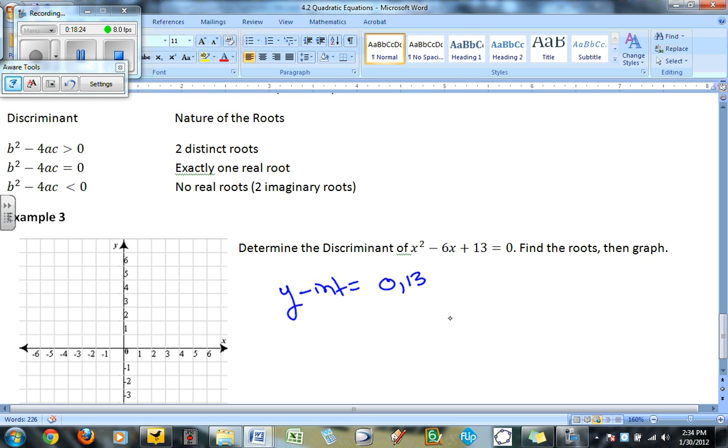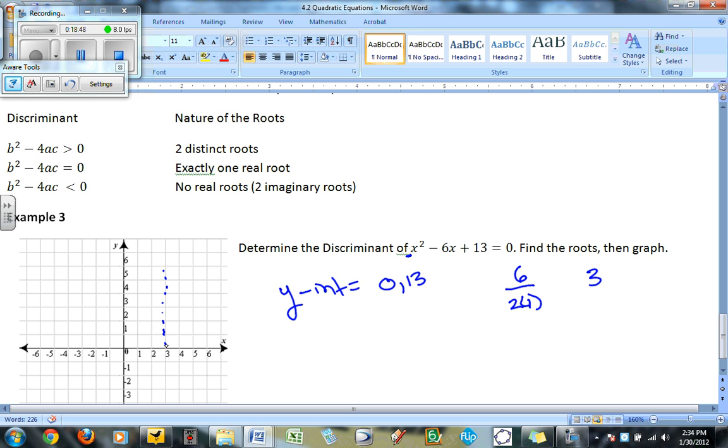The next nice part is we know how to find the axis of symmetry, and from that we know how to find its vertex. So its axis of symmetry is going to be negative b, so 6, all over 2a, which would be 2 times 1. Our a is just 1. And we get 3. So at x equal to 3, we're going to have our vertex and our axis of symmetry.